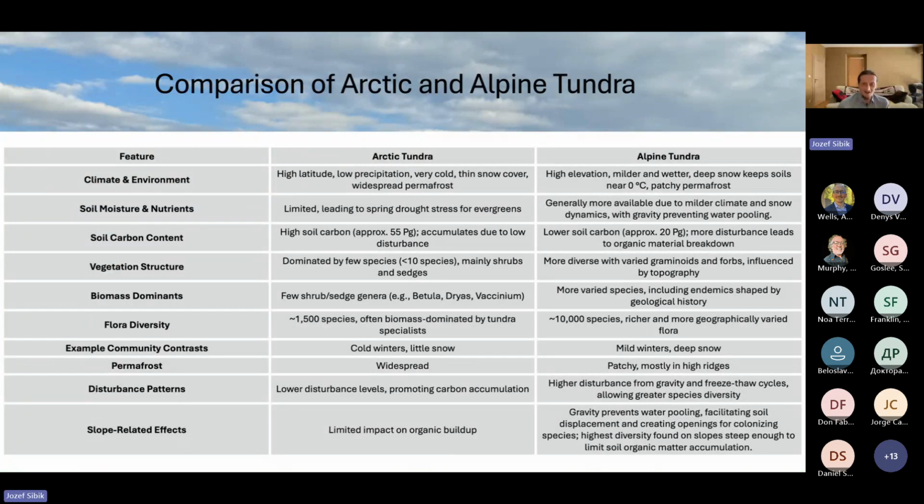So I started to talk that there are big differences between the number of species occurring in the Arctic and in the Alpine. While in the Arctic there are approximately 1,500 species, in Alpine ecosystems throughout the world there are approximately 10,000 species, so it's much more diverse.